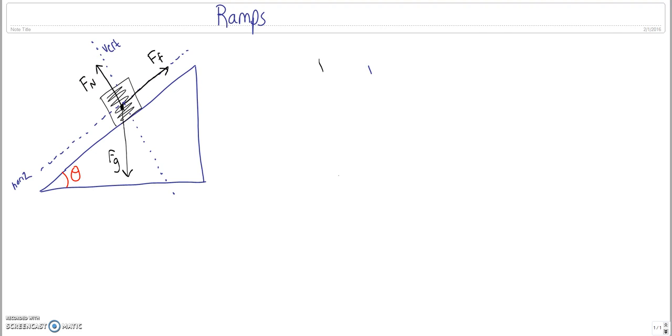Now those are the three forces, but because this is a ramp and it's angled, the force that gets broken up into its x and y components is the force of gravity. There is one way that I really like doing it, and that's what I'm going to show you here. The trick is to have the force of gravity split up into its vertical and its horizontal components.